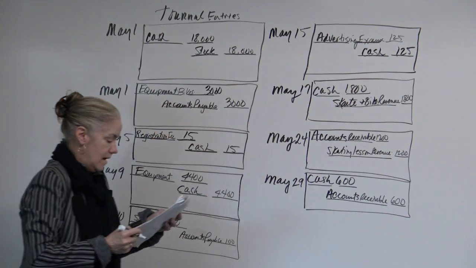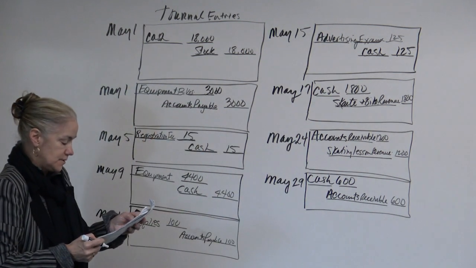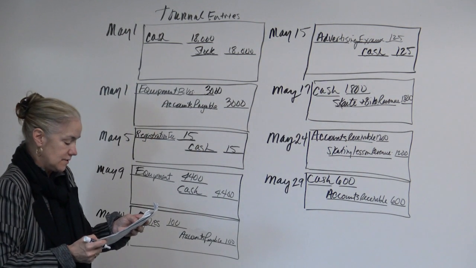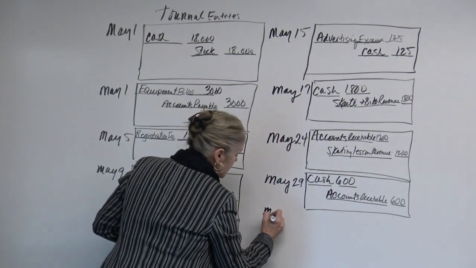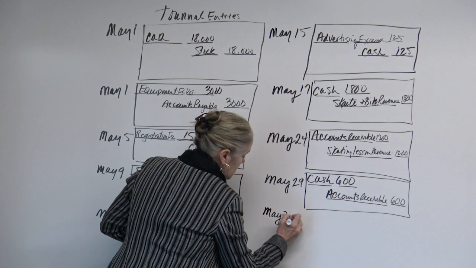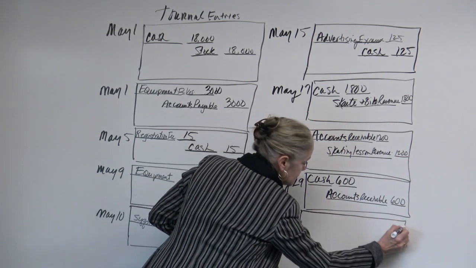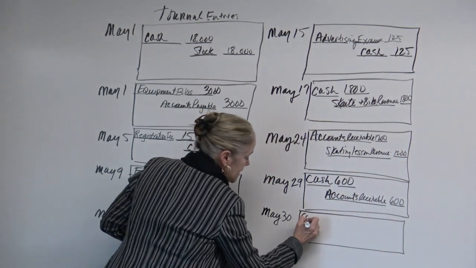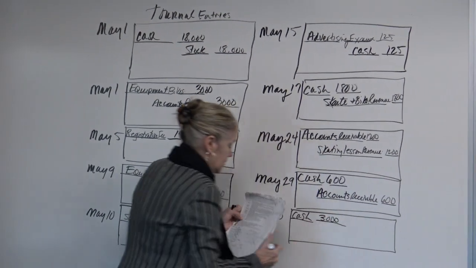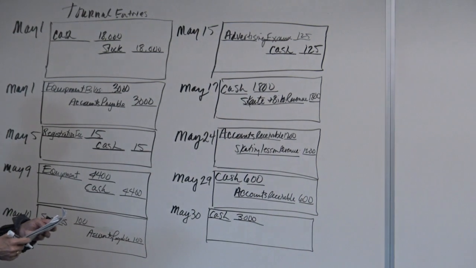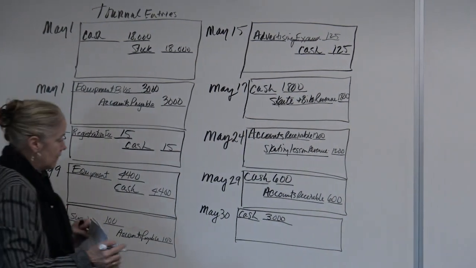Okay, let's see, on May 30th, customers rented inline skates and bicycles for cash of $3,000. So May 30th, we received cash, which will be our debit, for $3,000. Okay, and we're going to credit inline skate revenue.